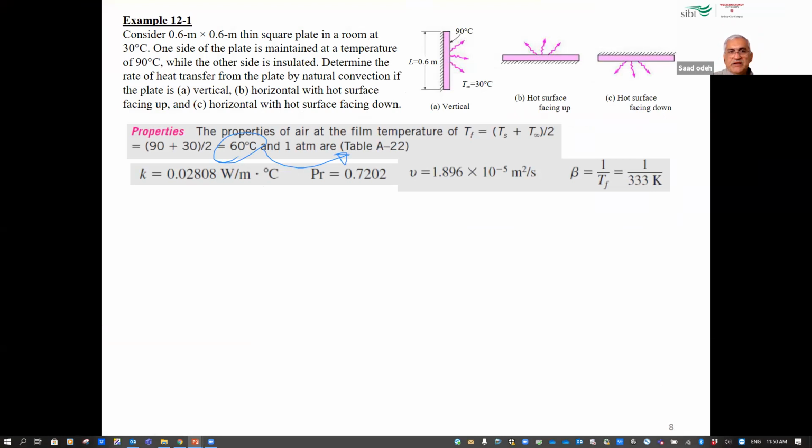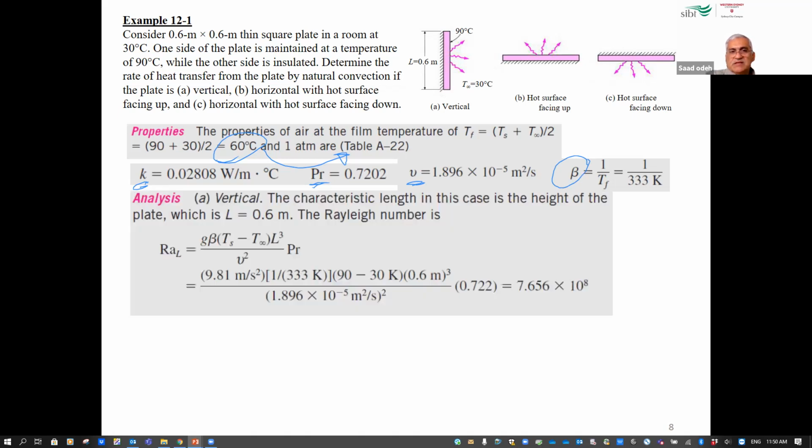For air, we can get the values for K, Prandtl number, and kinematic viscosity. In the Rayleigh number equation, we also need beta, which is 1 over T film in Kelvin. So we already found this. Now you just need to follow this formula, substitute the values, and we get the Rayleigh number.